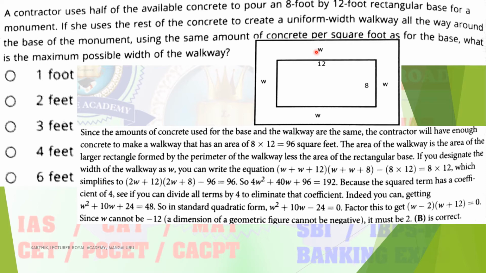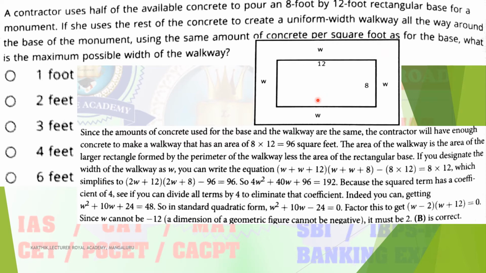Here they just mention the W. So W is nothing but, this is also W, this is also W. So total outside length is W plus 12 plus W, W plus W plus 12, into the width, which you have to find out.